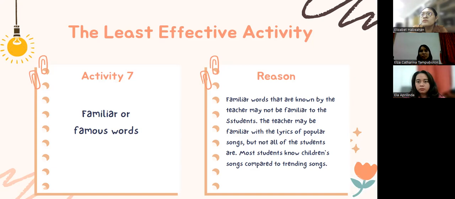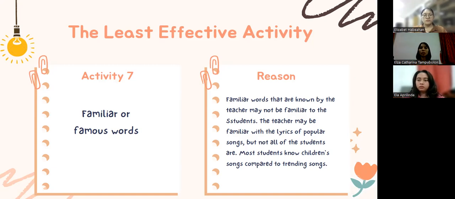And the second reason is the famous song. The teacher may be familiar with the lyrics of famous songs, but not all students know about them, especially in this context, where we teach vocabulary to young learners. Most of them only know children's songs compared to trending songs.